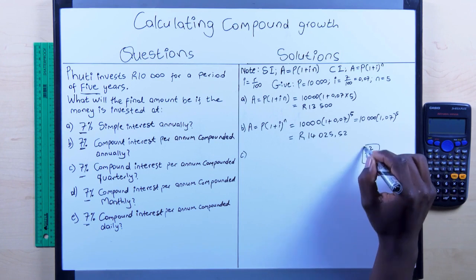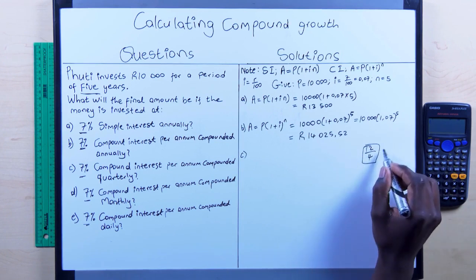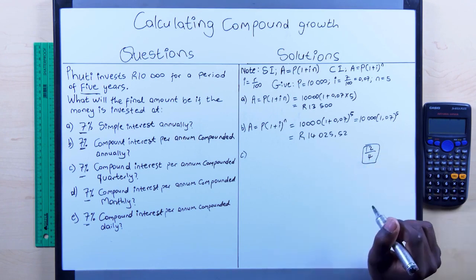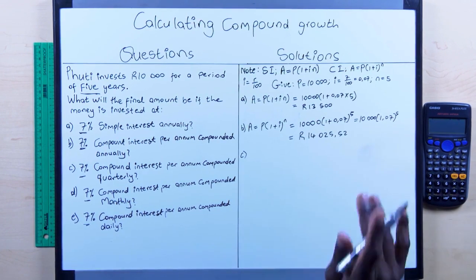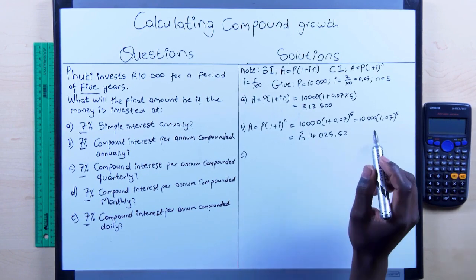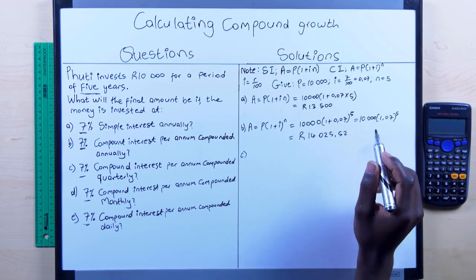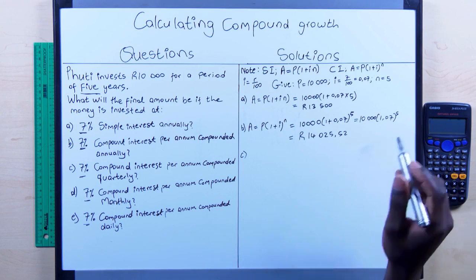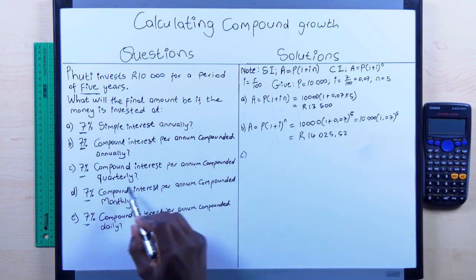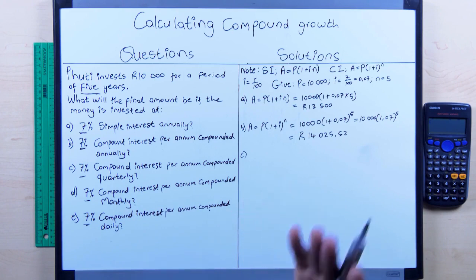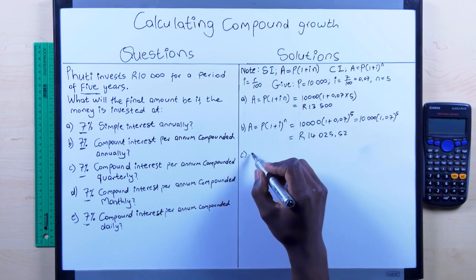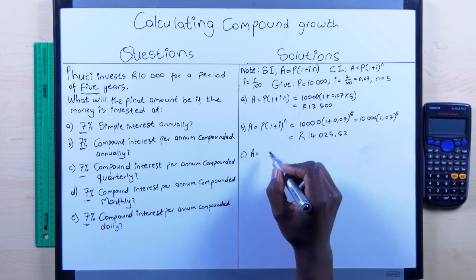So now everything changes in terms of your interest, because there are 4 quarters in 1 year, which means that for your interest, you divide by 4. For your n, you multiply by 4, because this is quarterly. How many quarters are in 1 year? 4 quarters in 1 year. We're going to see now what I meant by that.